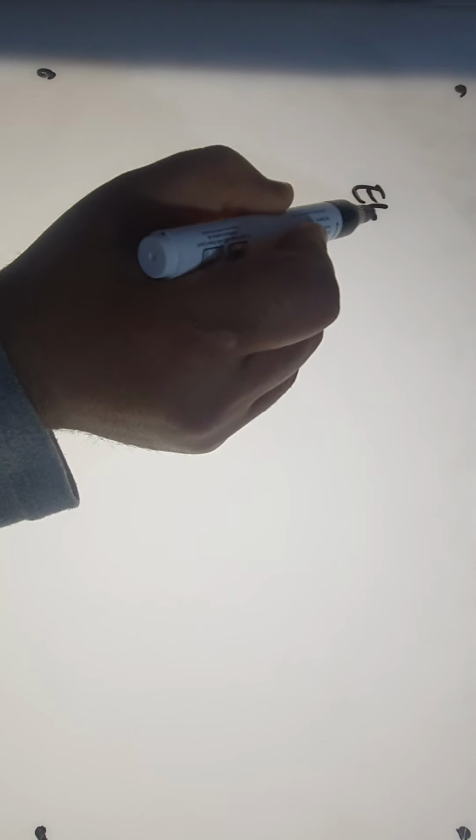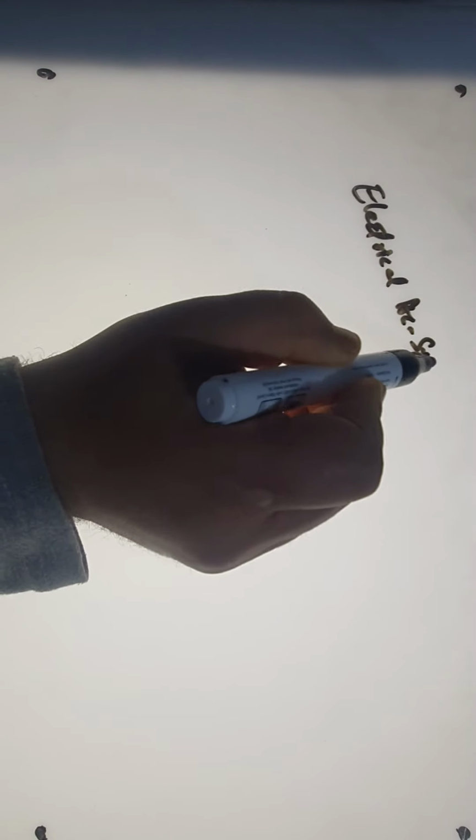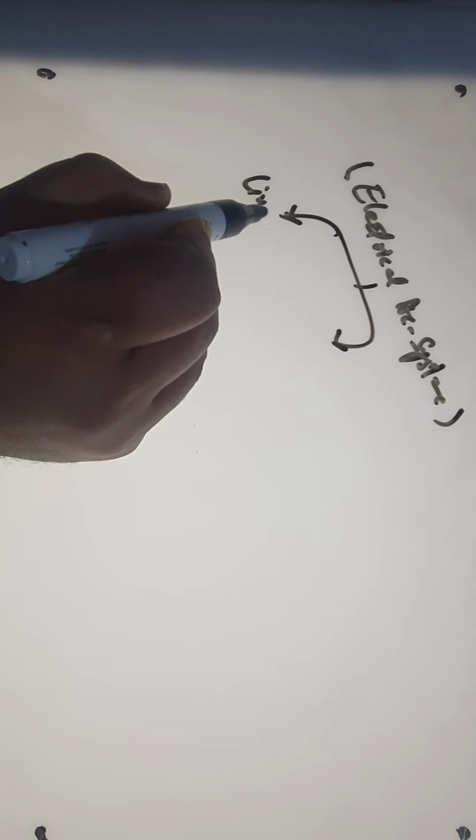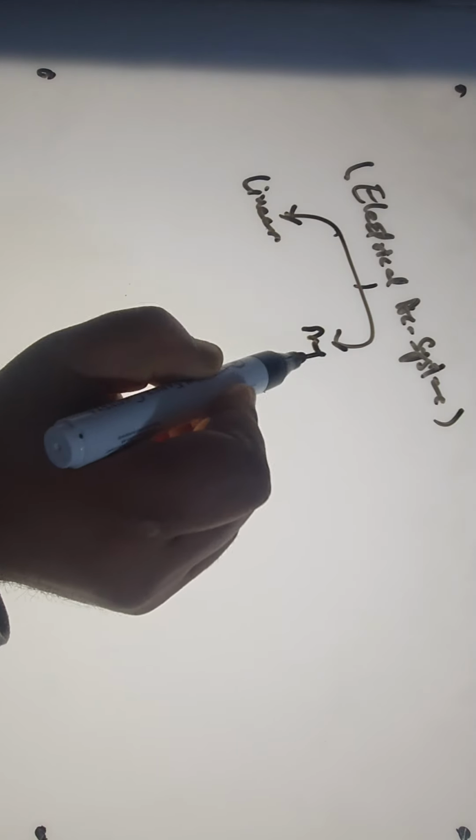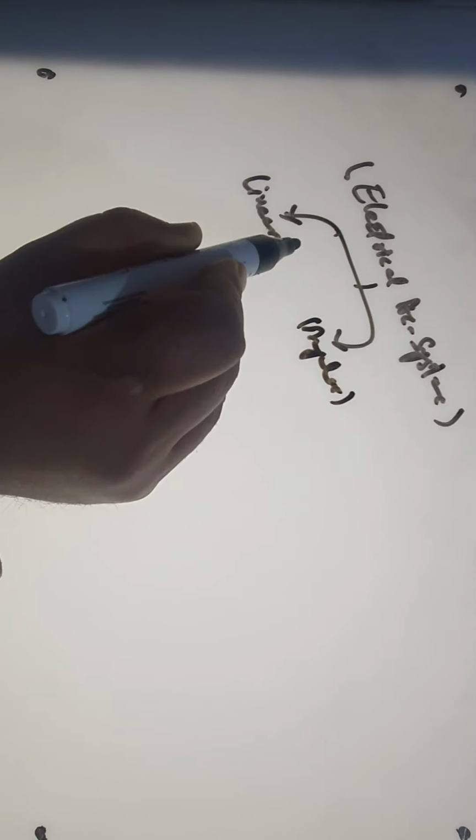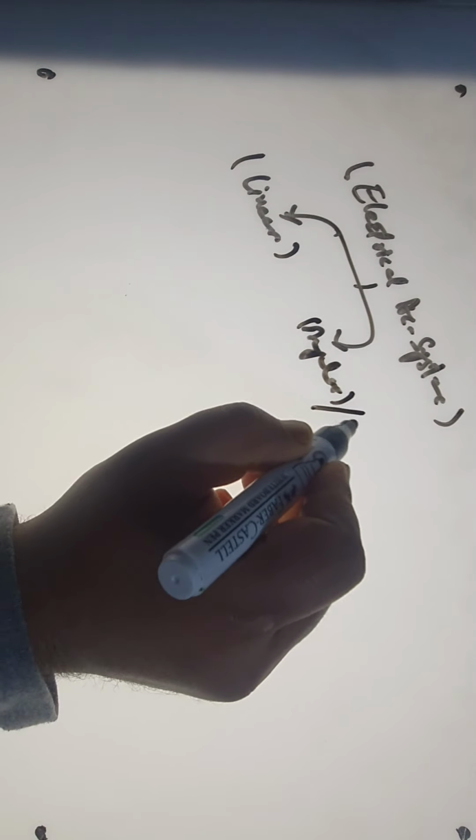So we can classify them as electrical actuation systems, where we will have both linear and angular actuation. For angular, we will have rotational.